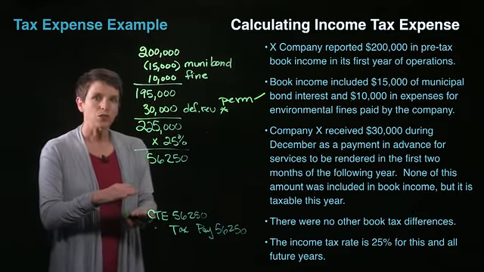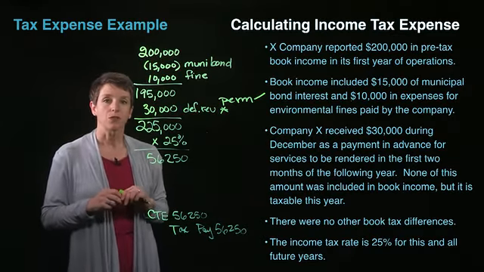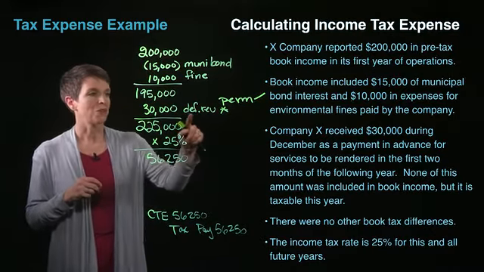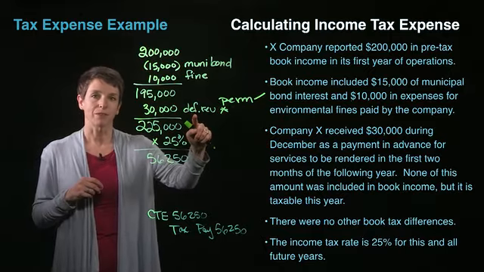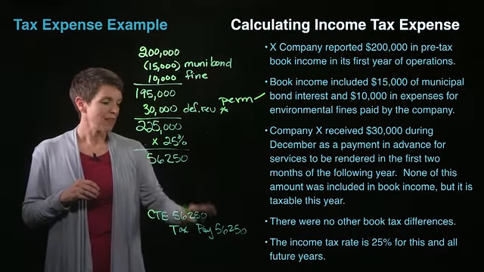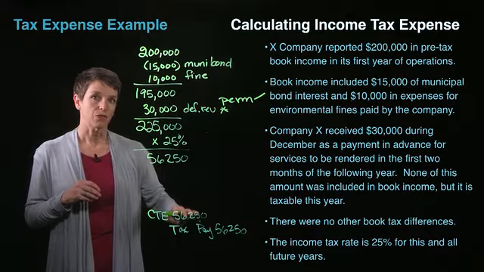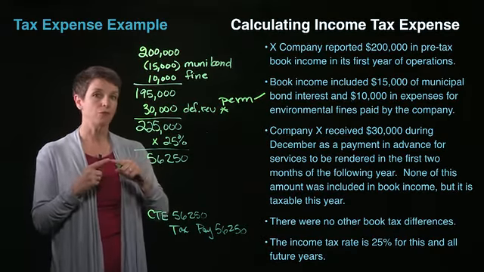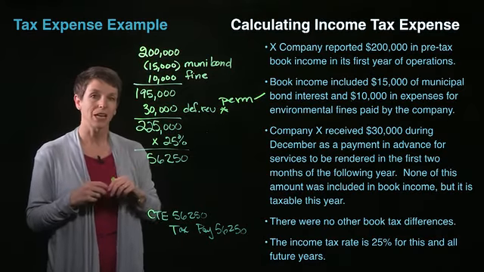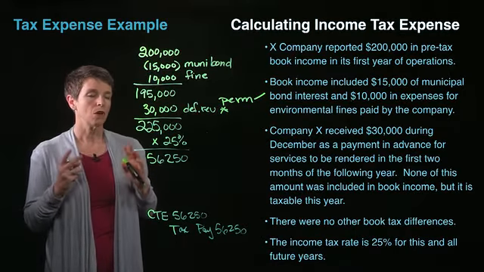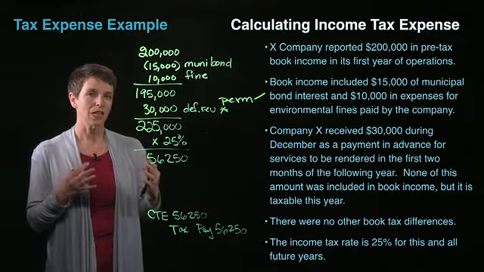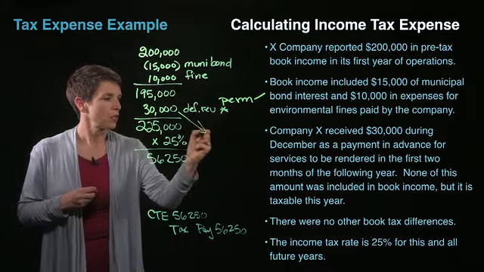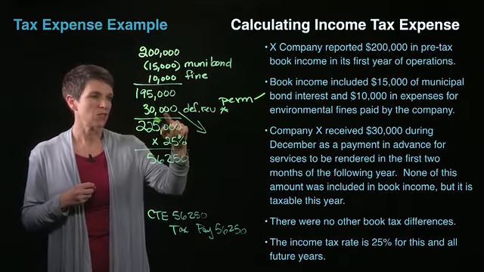So this, remember, is only part of what we need to do for our tax expense for the period. We need to come back and revisit this deferred revenue. Remember that this number includes that deferred revenue in terms of the tax that we've paid. We've essentially paid it before we're going to recognize it as income. So if that's the case, then it's like we've prepaid that tax. So how much of this tax relates to our $30,000?